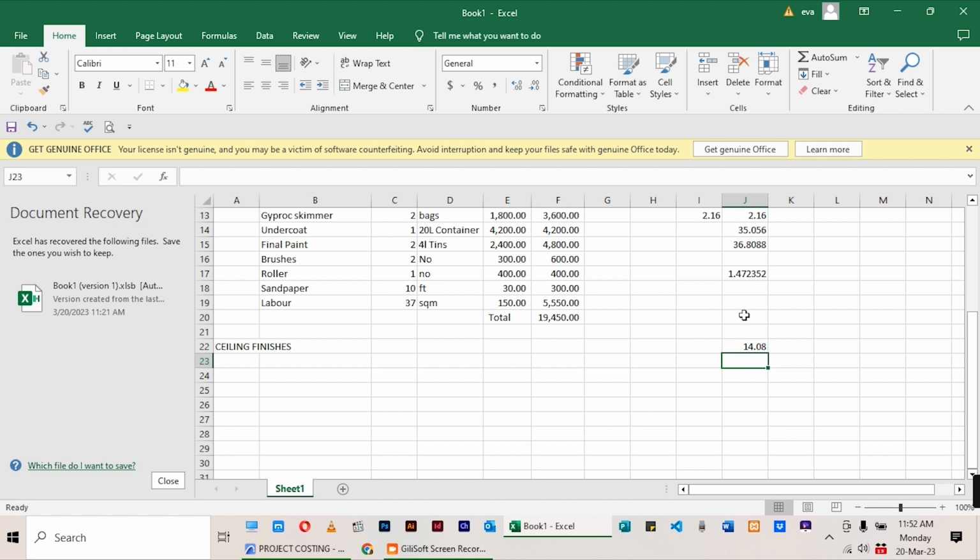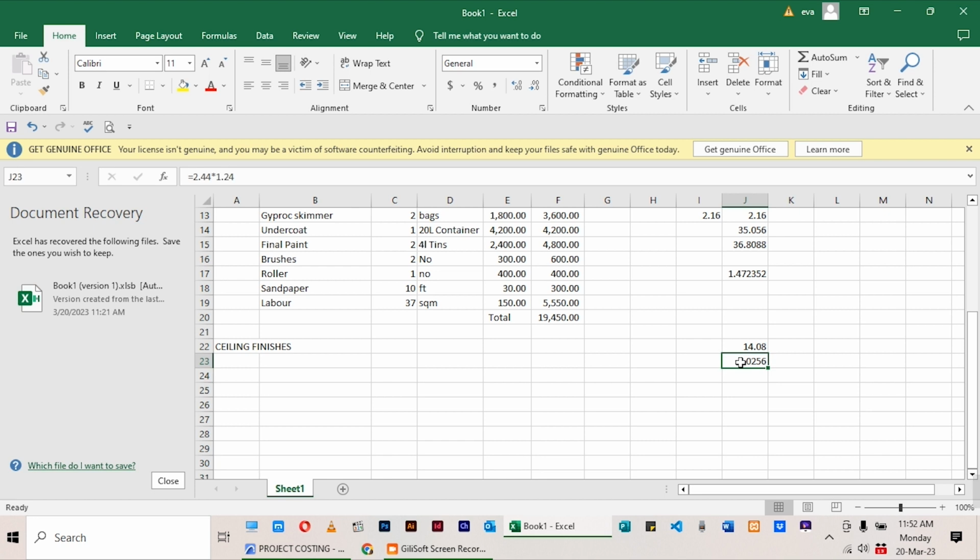Each gypsum is 8 by 4, which translates to 2.44. They always add a bit. 2.44 by 1.24. Multiply this equals to 2.44 by 1.24, and it gives you this area.